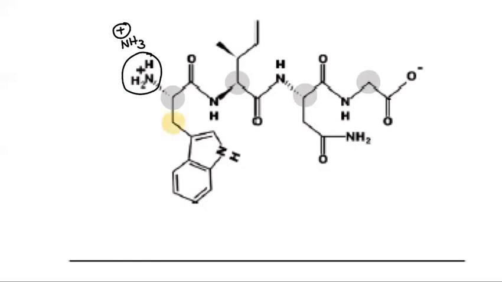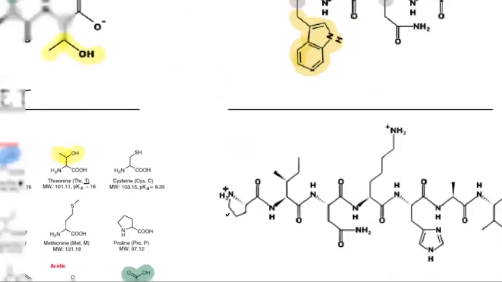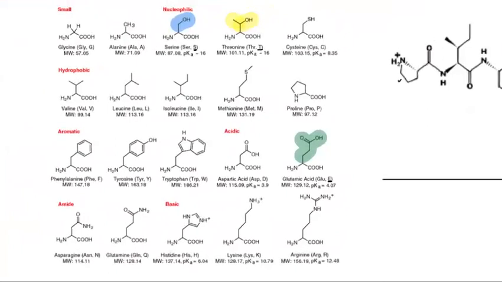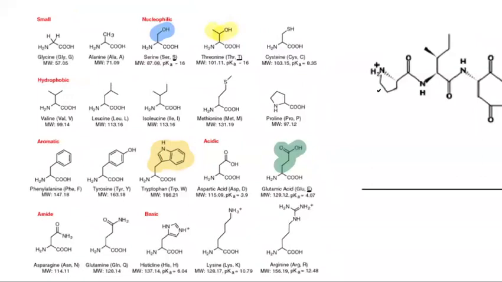So this is in CH2 with this ring system. So I know that this is a non-polar amino acid. So that is this one. That is tryptophan. The 1-letter code for tryptophan is a W.